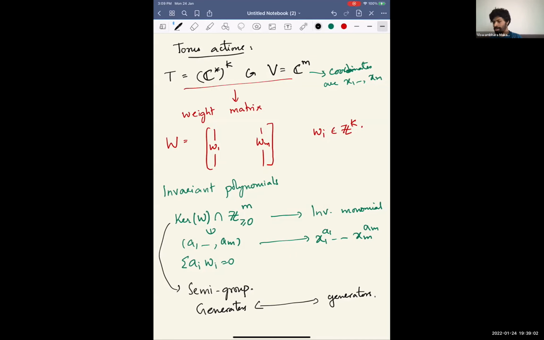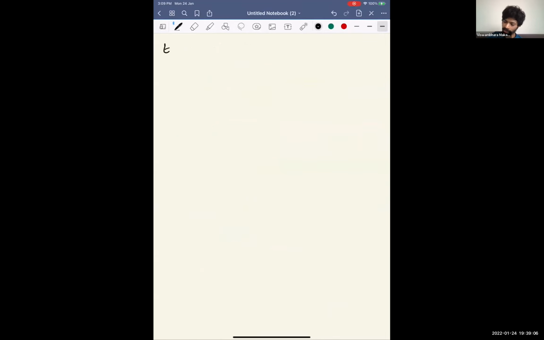So for example, I can rig things so that my weight matrix is something like this: 1, -2, 1, -2, 1, -2. And if this is the case, then the semi-group, which is basically the kernel of W, what is the kernel of W going to be?